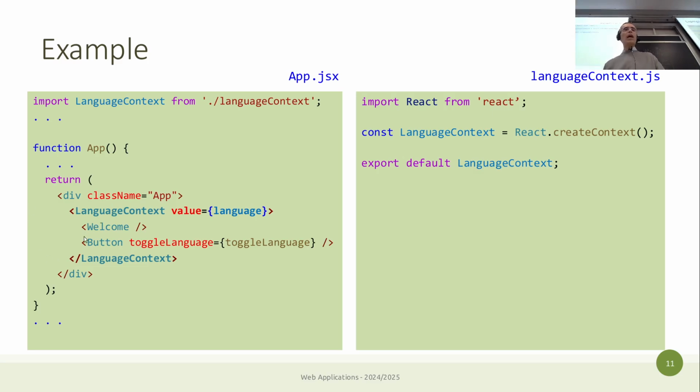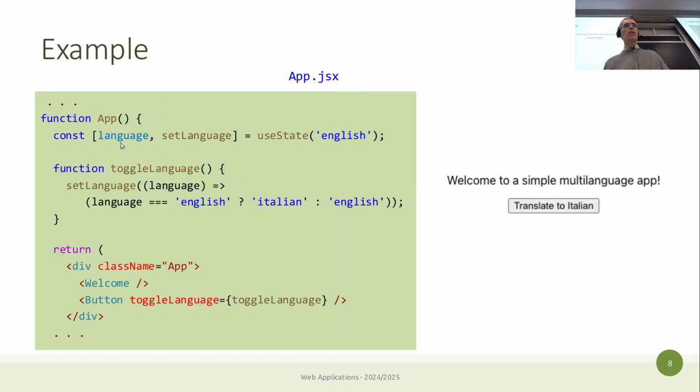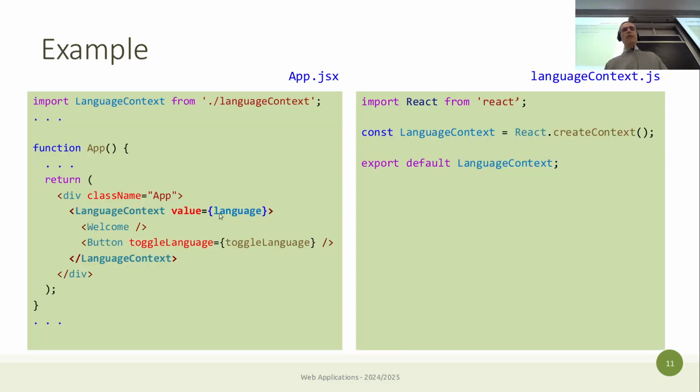Everything inside the opening and closing language context will receive the value passed here, which in this case is language, the value from the useState.